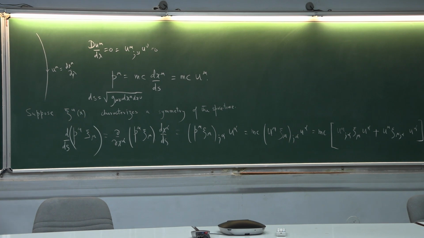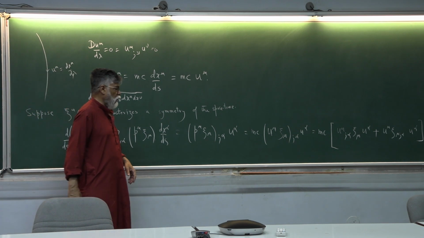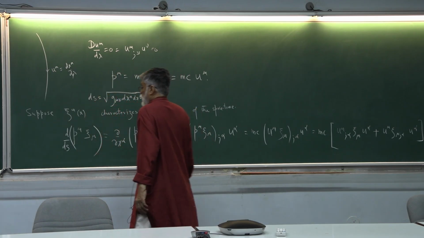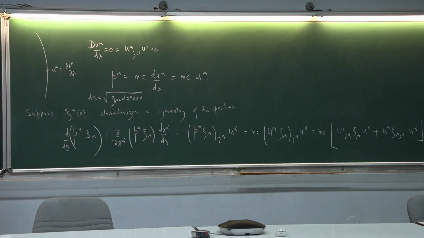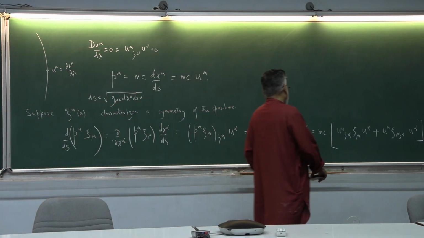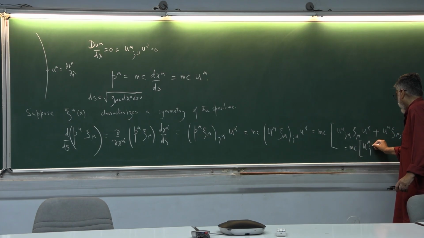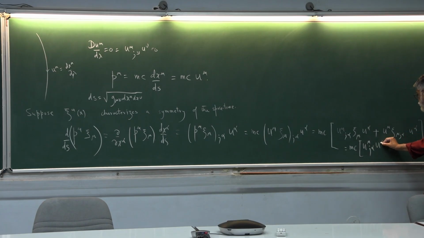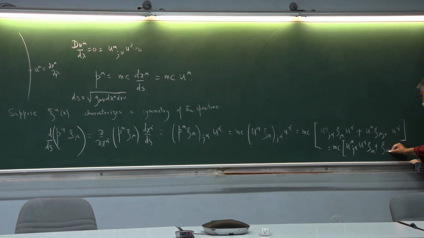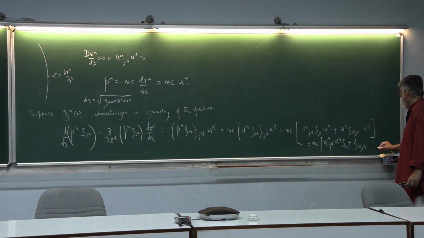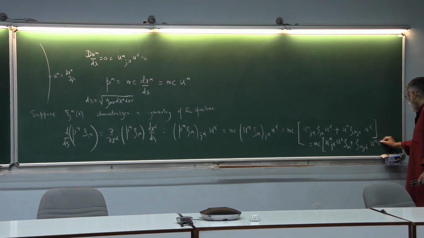But in classical physics you can interchange the order, and therefore this is the same as mc times: ξ^μ u_μ;α u^α plus ξ_μ;α u^μ u^α.